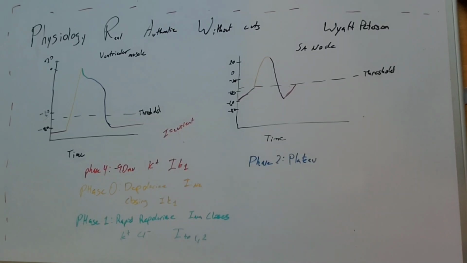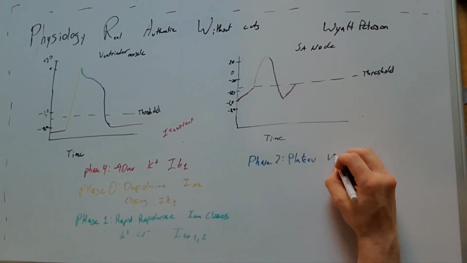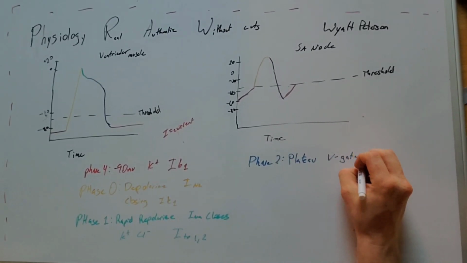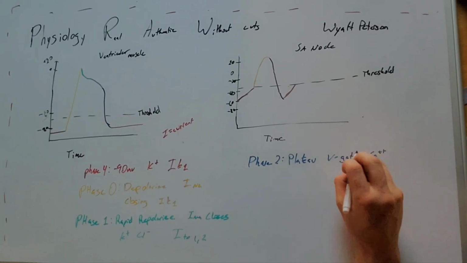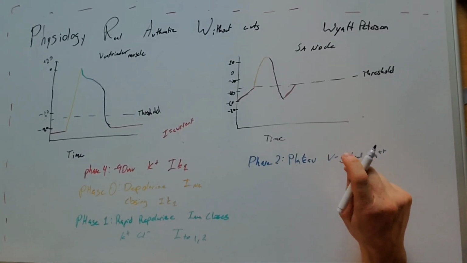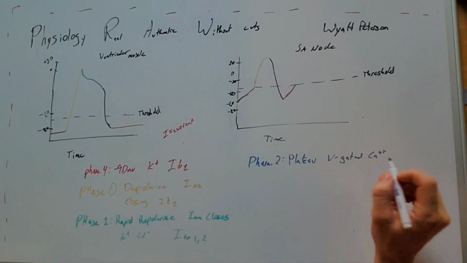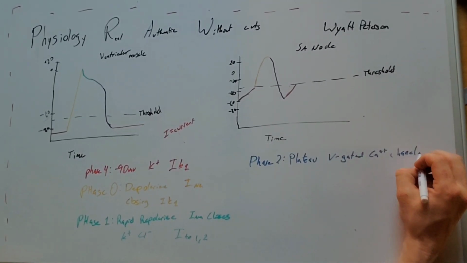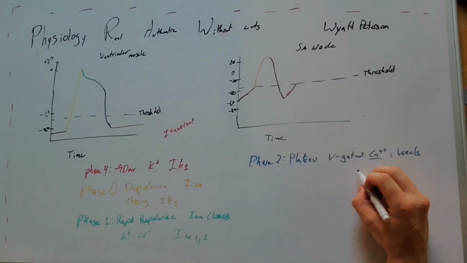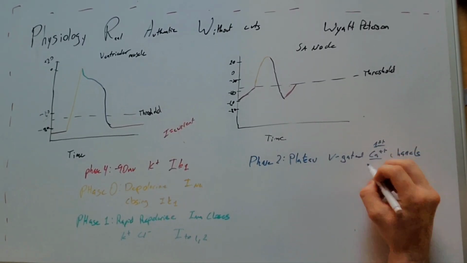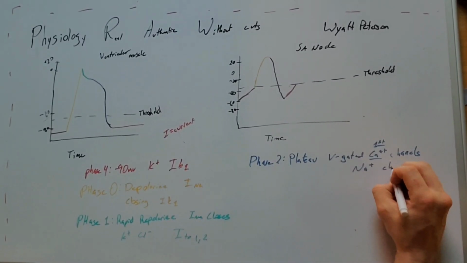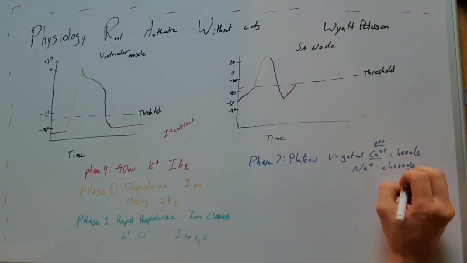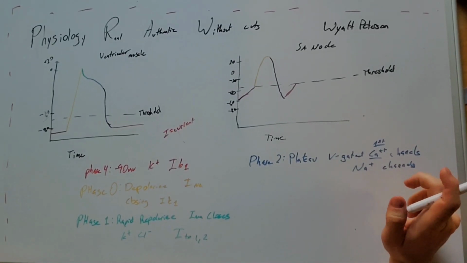And so this is because voltage-gated calcium channels open up, as well as sodium channels, but the calcium channels open first, and then there's sodium channels that open up as well.